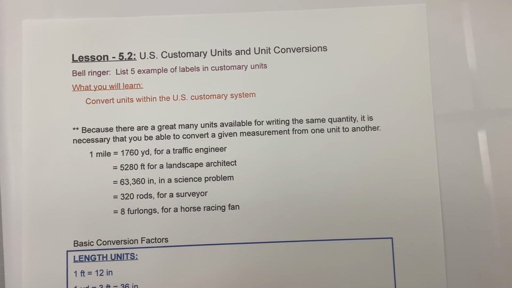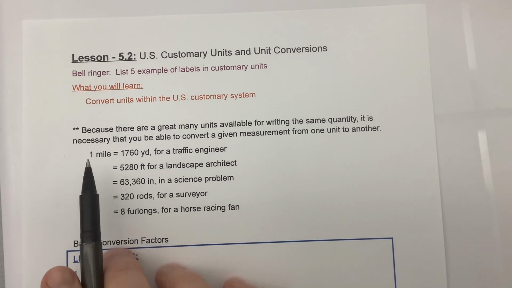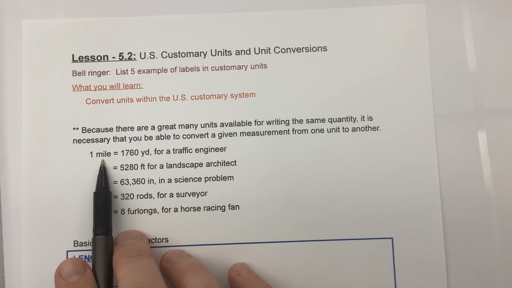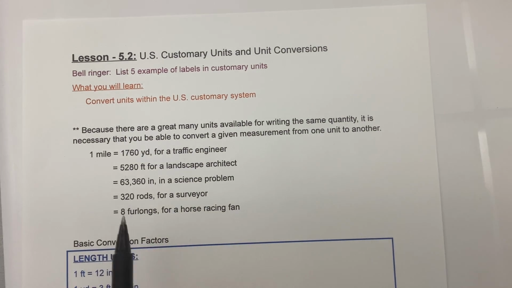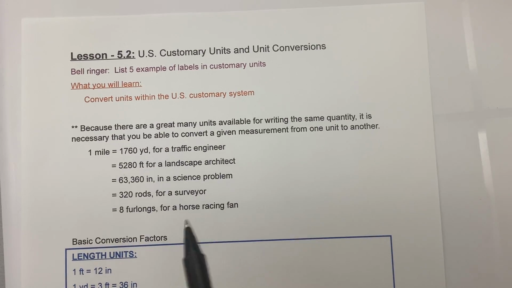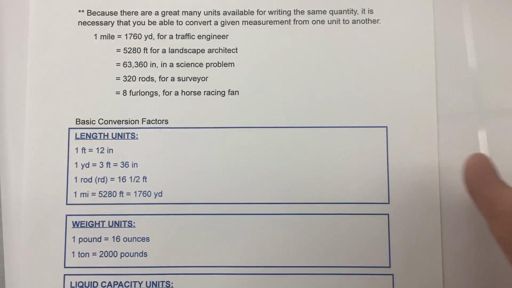So now you have a rough idea. 4 laps around the track is equal to 1 mile. So with 8 furlongs, half a lap is 1 furlong. So now you have an idea of what a furlong is.